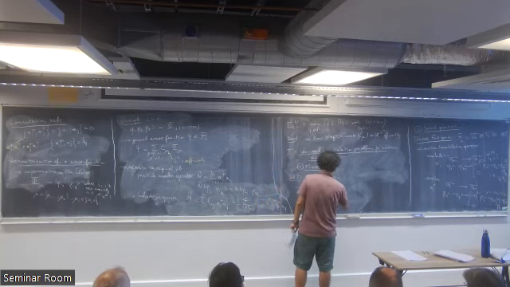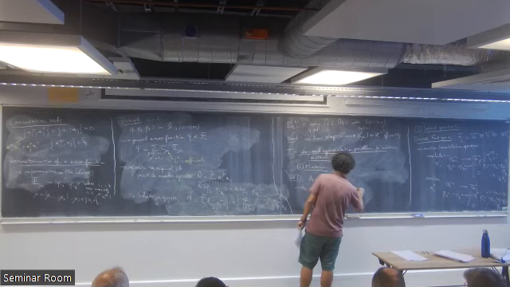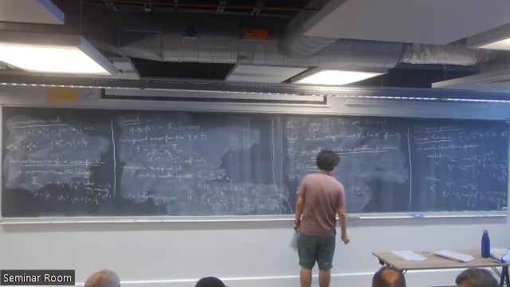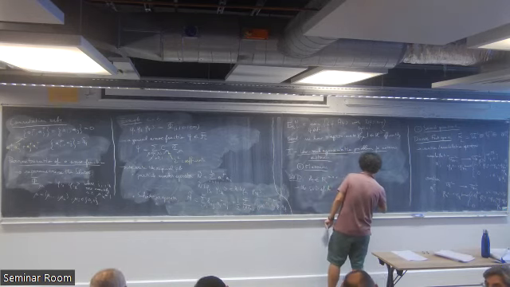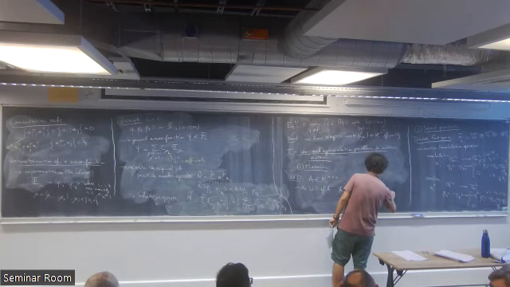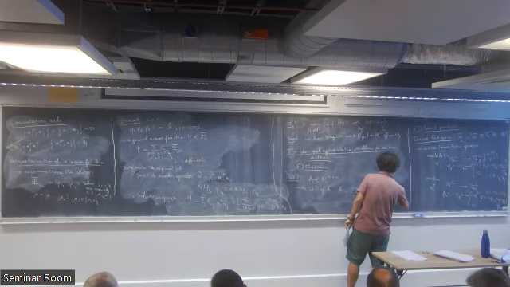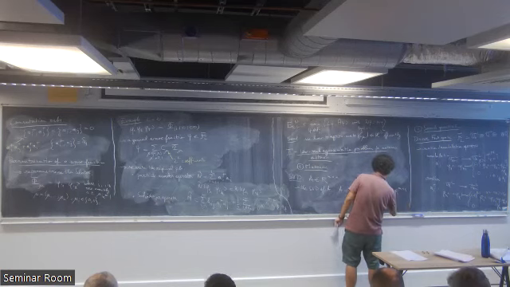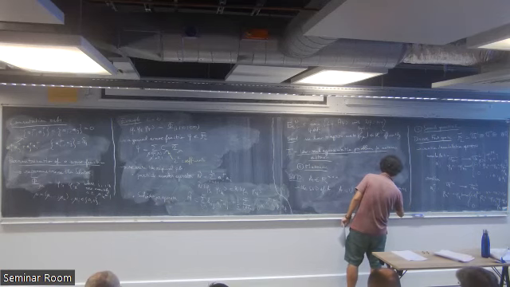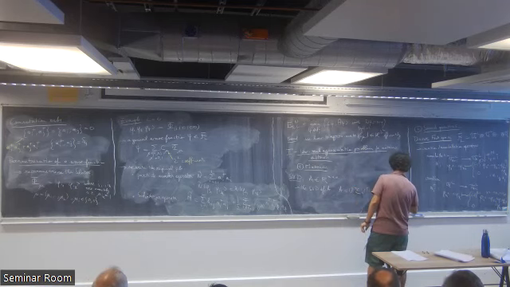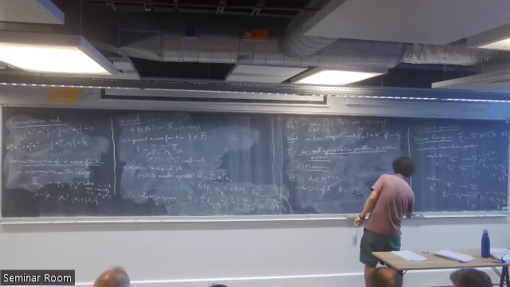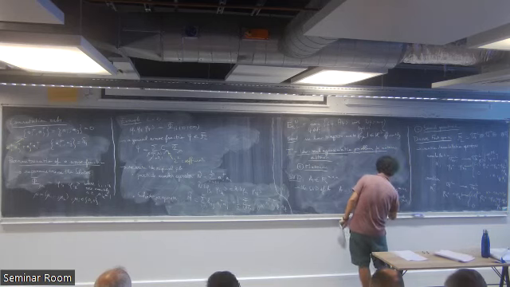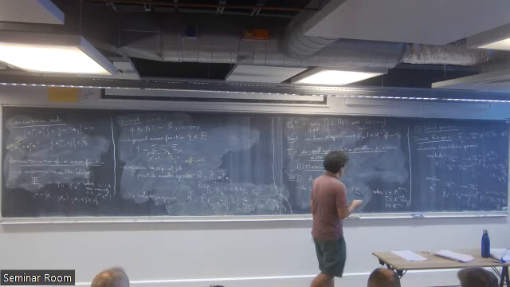It's simply A that you write as U Sigma V transpose, where U has dimension m times r, Sigma is r times r and diagonal, and V has size n times r. And you have additional constraints.